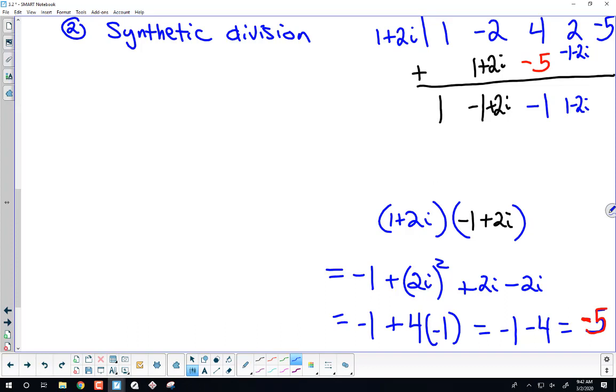Then we gotta multiply again: 1 plus 2i times 1 minus 2i. We'll do that here. What's 1 plus 2i times 1 minus 2i?